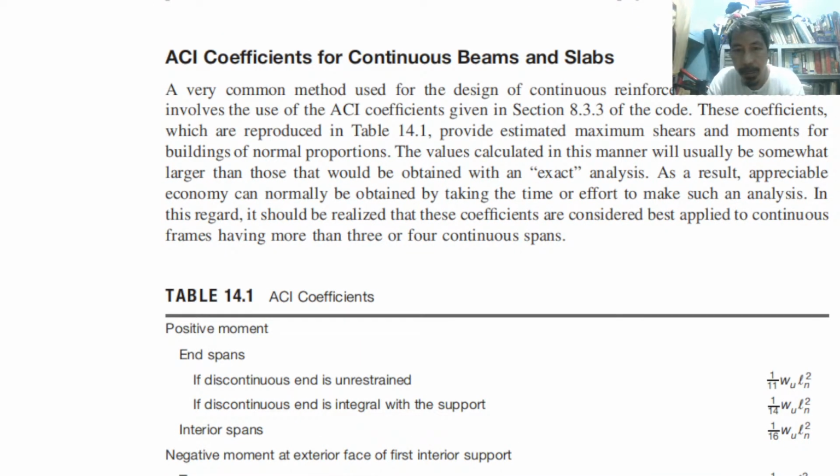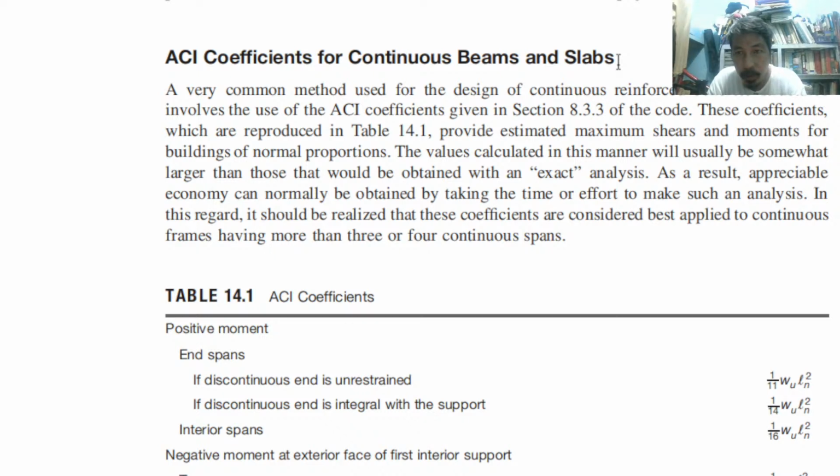These are the coefficients recommended by the code. A very common method used for design of continuous reinforced concrete structures involves the use of the ACI coefficients. This is what we call the ACI coefficients for continuous beams and slabs, and we can design beams and slabs.